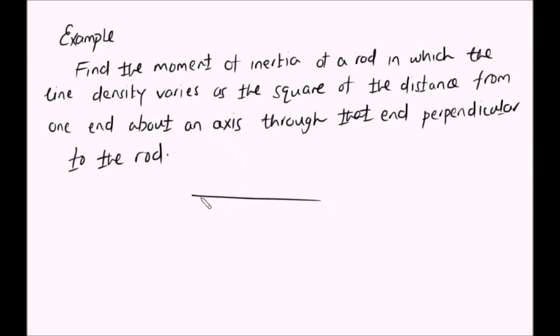So sisi tuna rod kama hii. Distance from one end ni nini? Ni x. So anasema find I of this rod if the line density rho varies as the square of the distance from one end. Distance from one end ni x, kwa hiyo it varies as x squared.